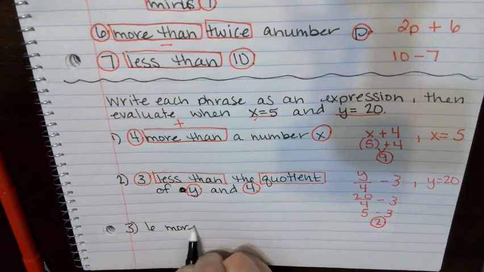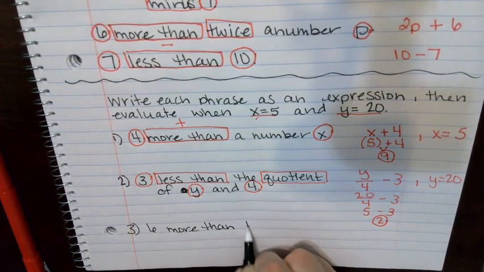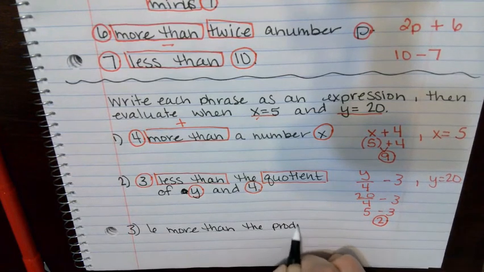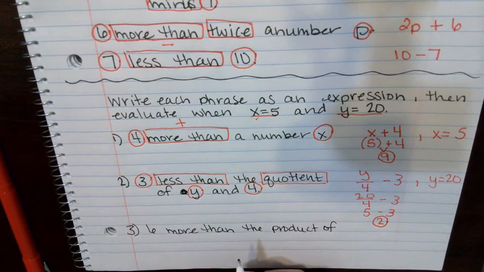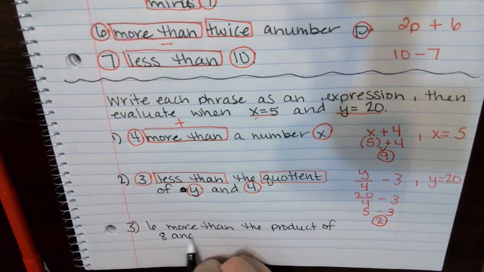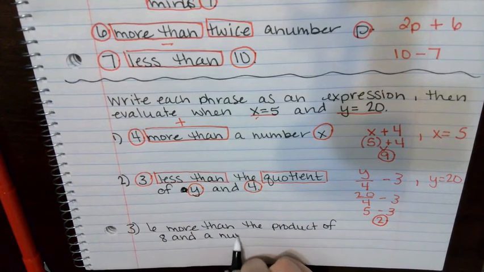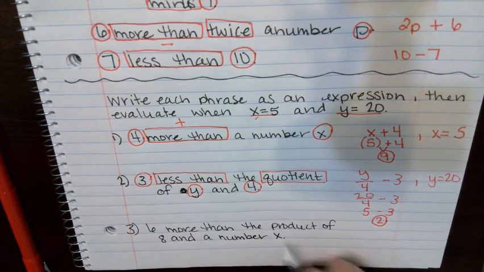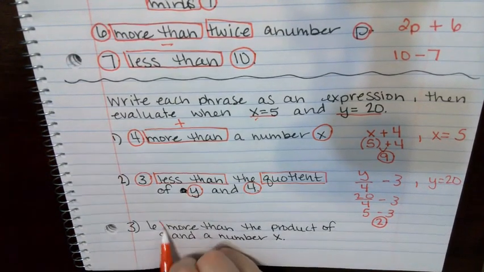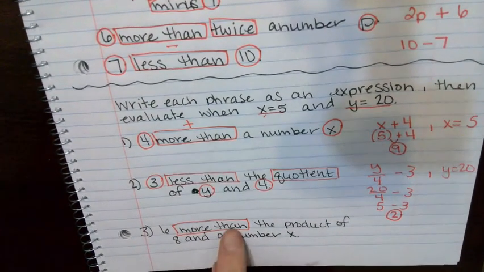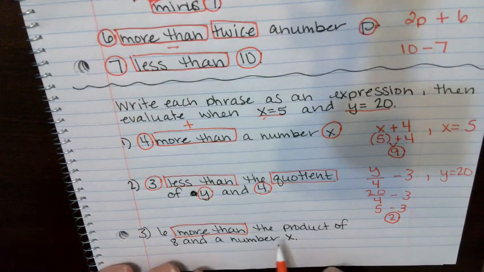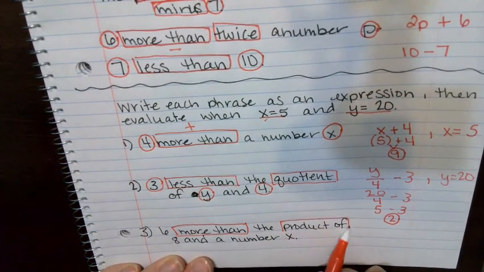6 more than the product of 8 and a number x. So 6 more than means it's going to go at the end. More than, that word than means go at the end. The product of means to multiply.